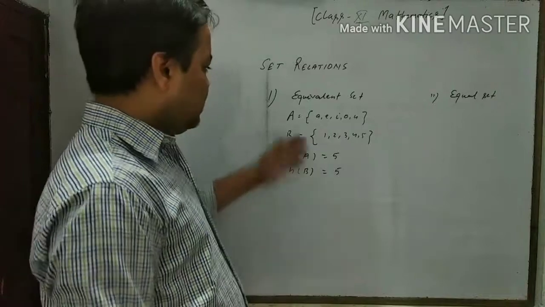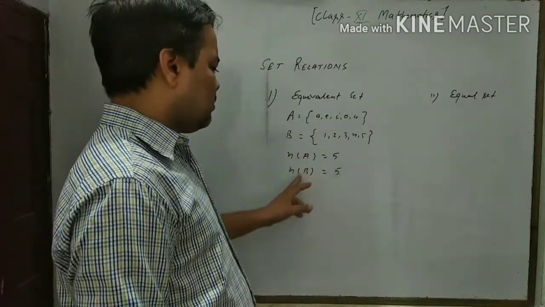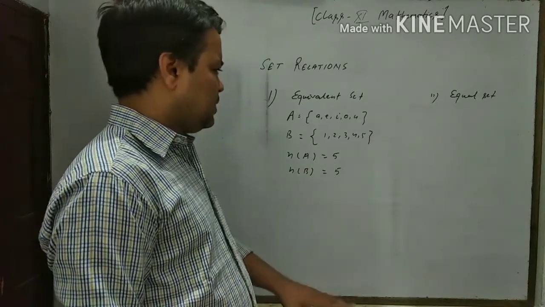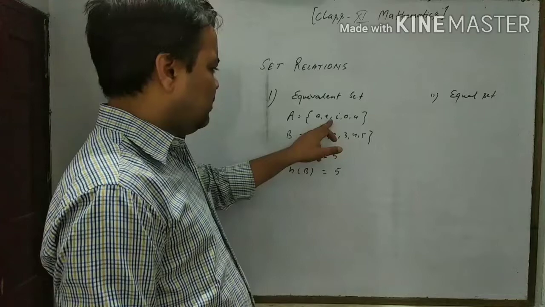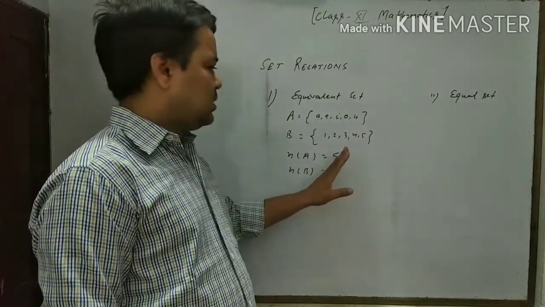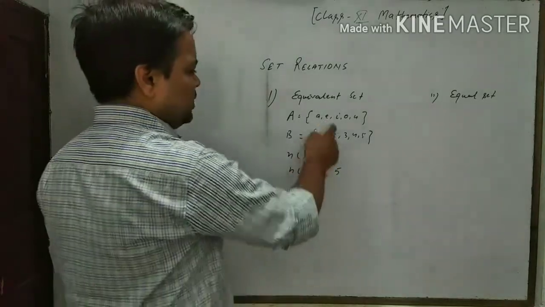If there are two sets in which the cardinal numbers of both sets are equal, it is not important that the elements of any particular set are the same. It is not necessary that elements should be the same.